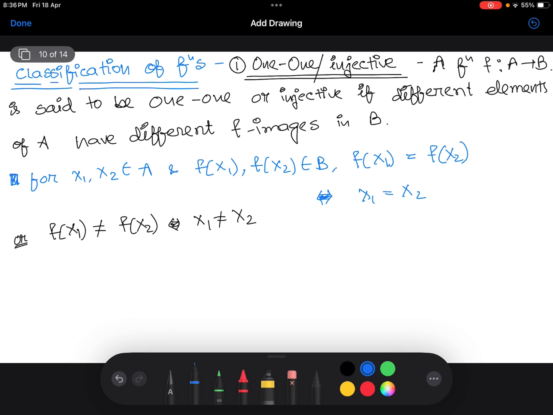So how can we see it by a graph? Let's say this be A and this be B. Let's say we have 3 points here, and we have a couple of points here also.